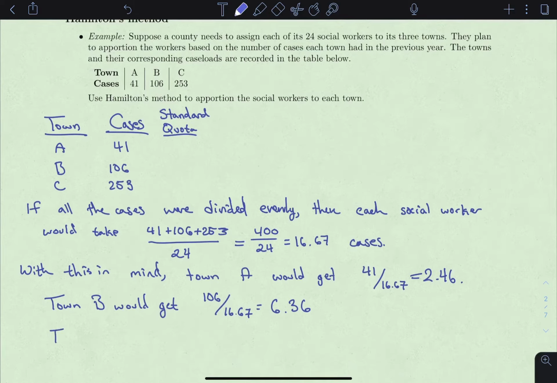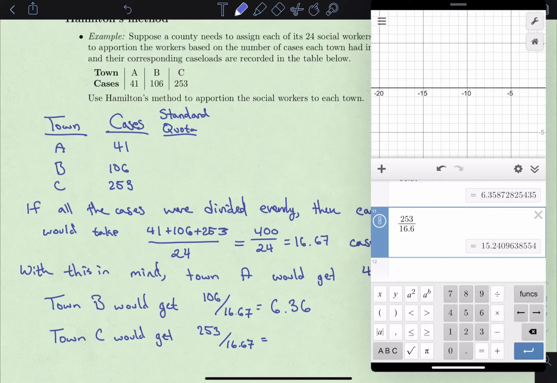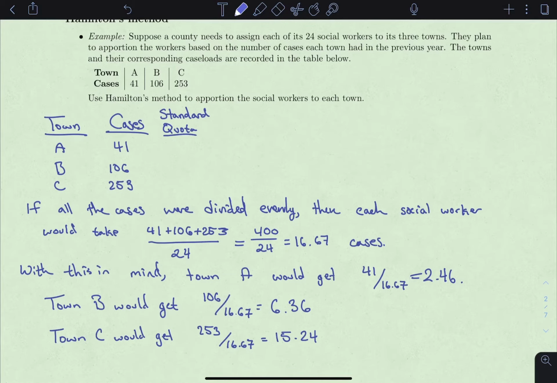And then town C should be about 2.5 times this. 253 divided by 16.67. Yeah, okay. 15.24. Okay. So again, this is if we could divide up the social workers into fractional parts. This is the apportionment we would choose.